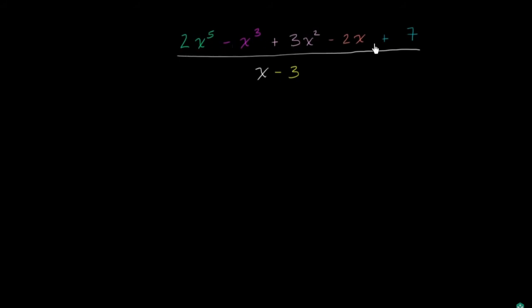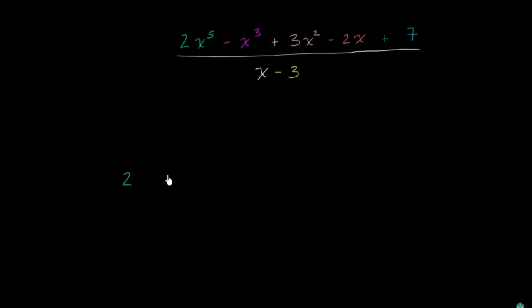So the first thing I want to do is write all of the coefficients of the numerator. So I have a 2, and I have to be careful here, because the 2 is a coefficient for x to the 5th. I have no x to the 4th term. So I have the 2 from 2x to the 5th, and then I have no x to the 4th, so it's really 0x to the 4th.